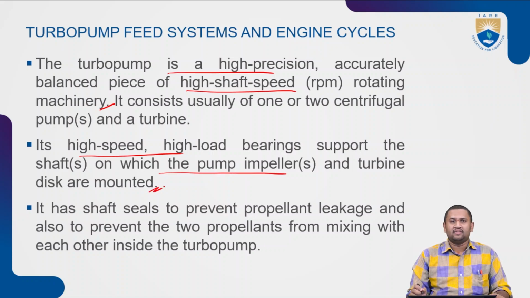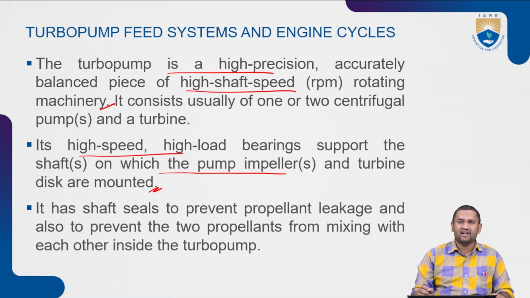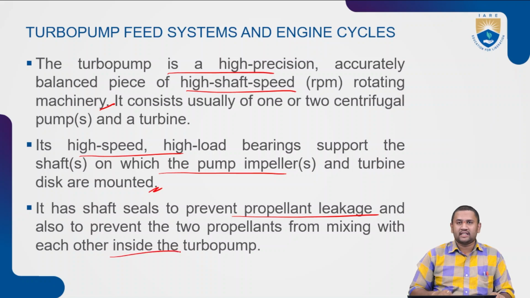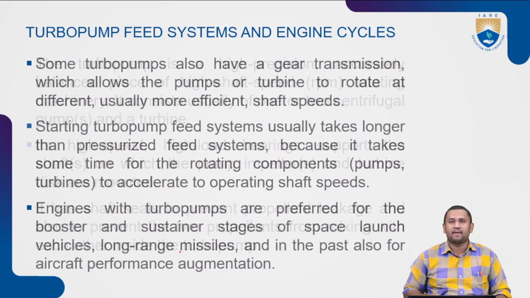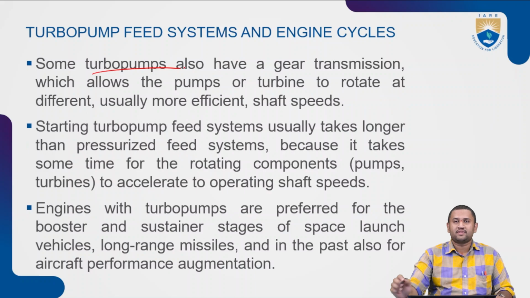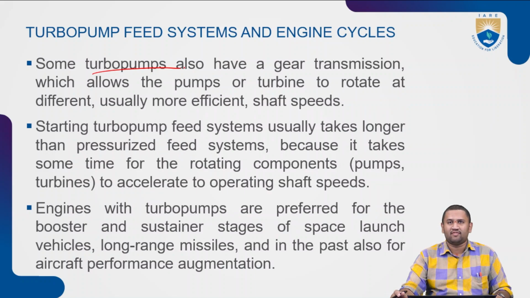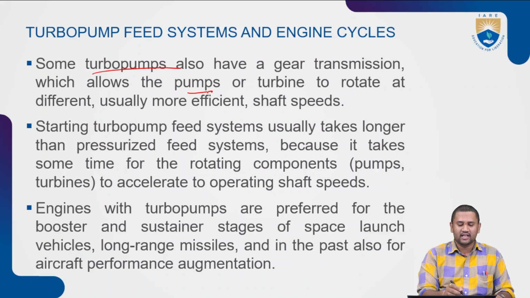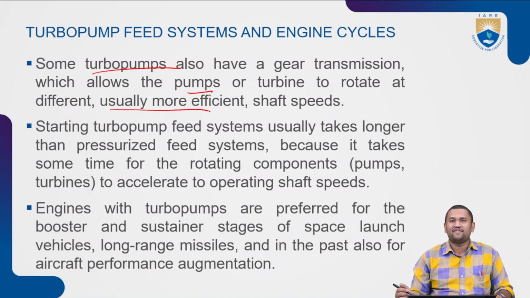It has shaft seals to prevent propellant leakage and also to prevent two propellants from mixing with each other inside the turbopump. Some turbopumps also have a gear transmission which allows the pumps or a turbine to rotate differently and usually more efficiently than the shaft speeds.